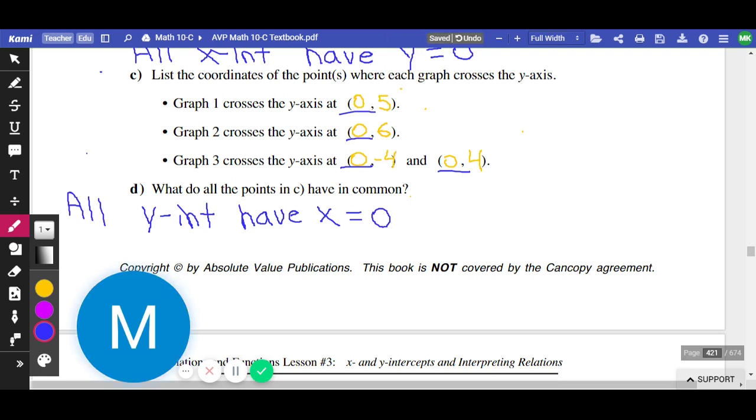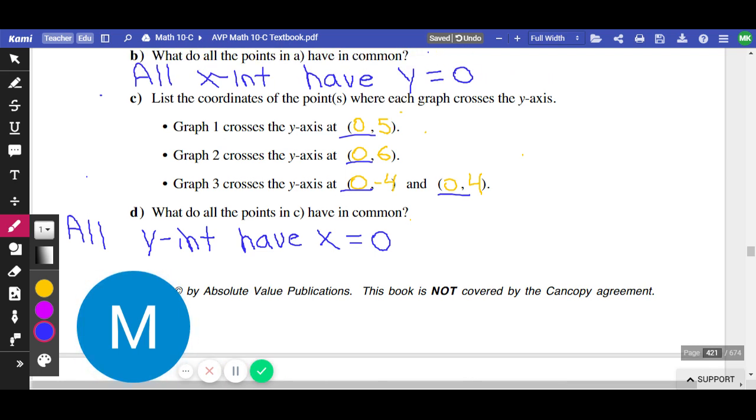So those two answers are probably the important part right now. Understanding that x-intercepts have y equals 0, y-intercepts have x equals 0, because that's going to help us mathematically in the future, those little facts.